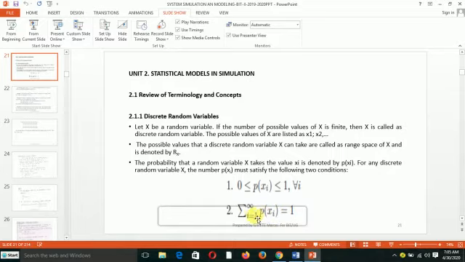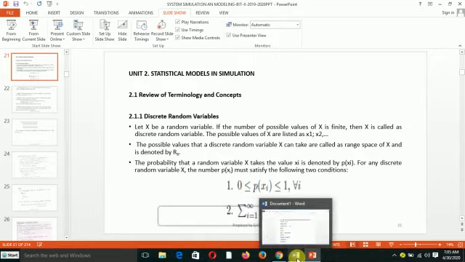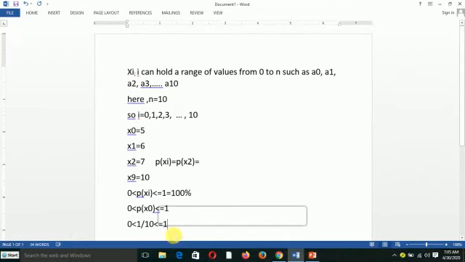How? i goes from 1 till the infinity. So here, the probability of getting p(x0) is 1 out of 10.